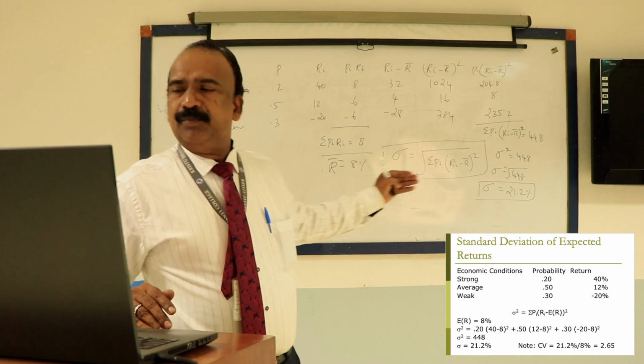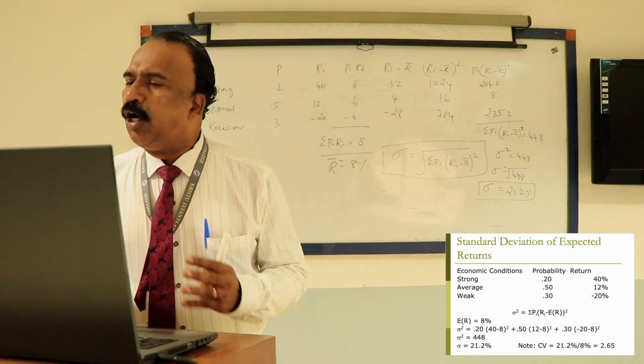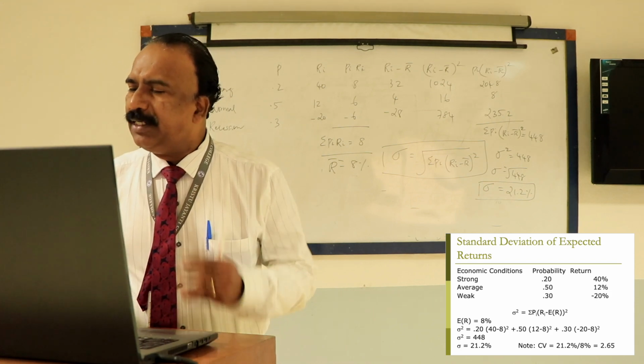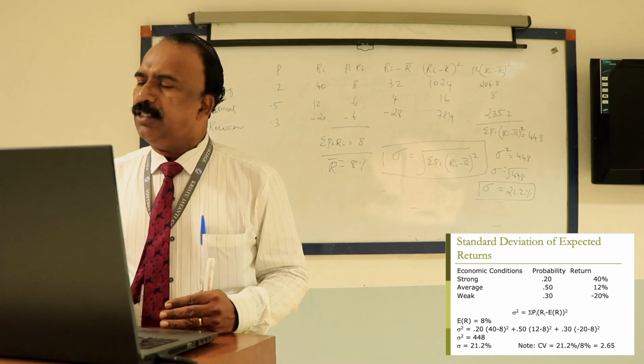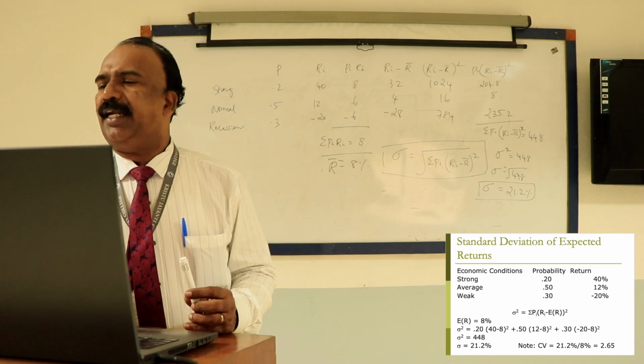Get the total. The total itself is called variance. Here we need not divide it by n minus 1. The summation itself is called variance. The square root of the variance will give us the standard deviation.